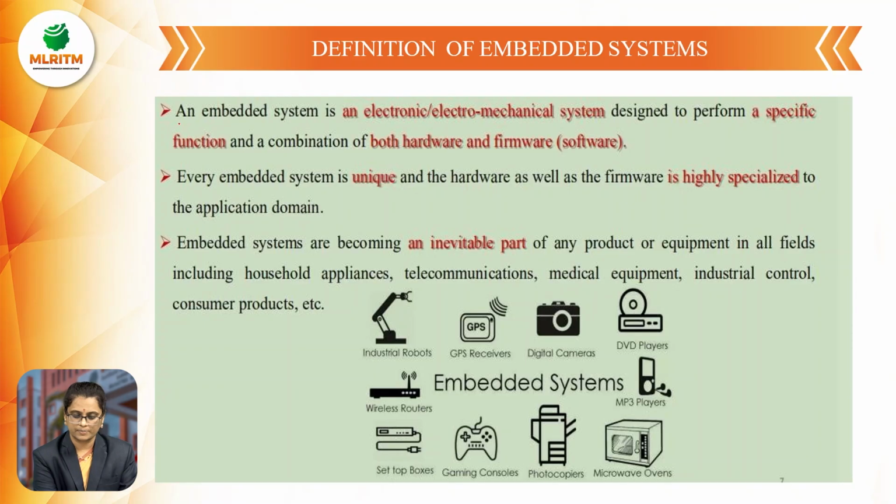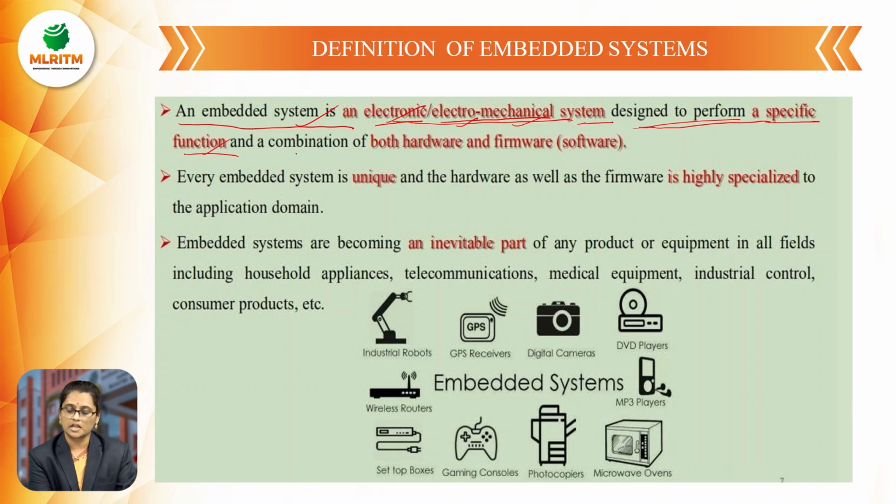So here an embedded system is an electronic or electromechanical system designed to perform a specific task. Every embedded system contains these components. It may be electronic parts and electromechanical parts. That's why it is an electronic or electromechanical system, and that's why it performs a specific function.